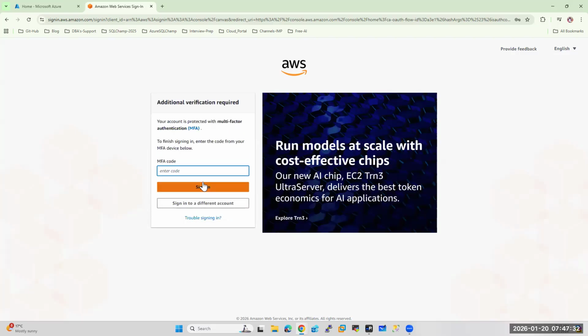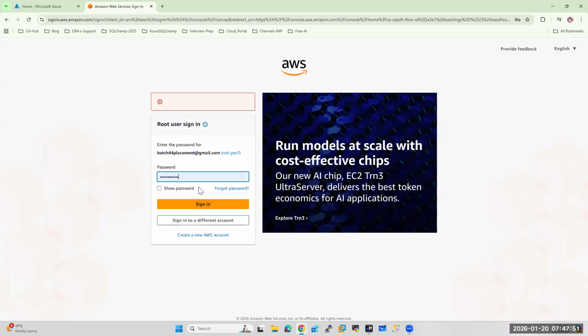You can directly log into the portal and start deploying your resources. GCP also, you need to create the project. Once you create the project, you can do whatever deployment you want.